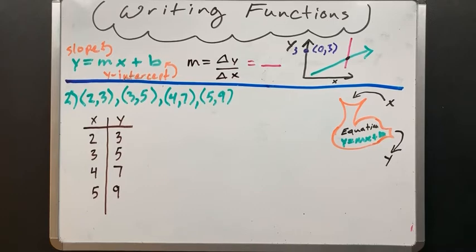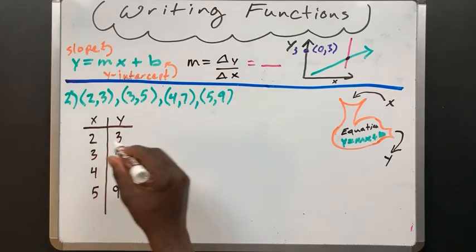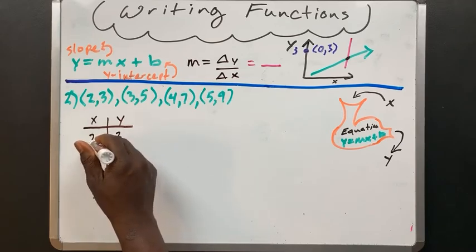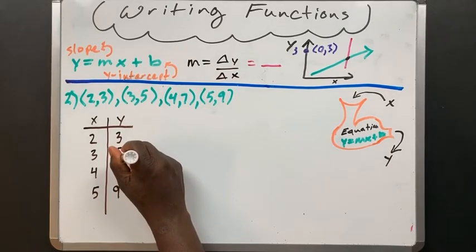Remember last time I think we went the first coordinate minus the second, but you can go the second minus the first coordinate. All right, so let's do it this way.